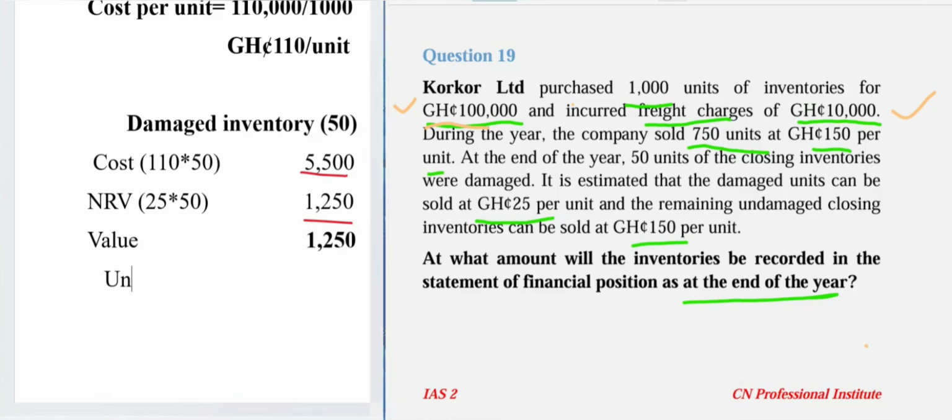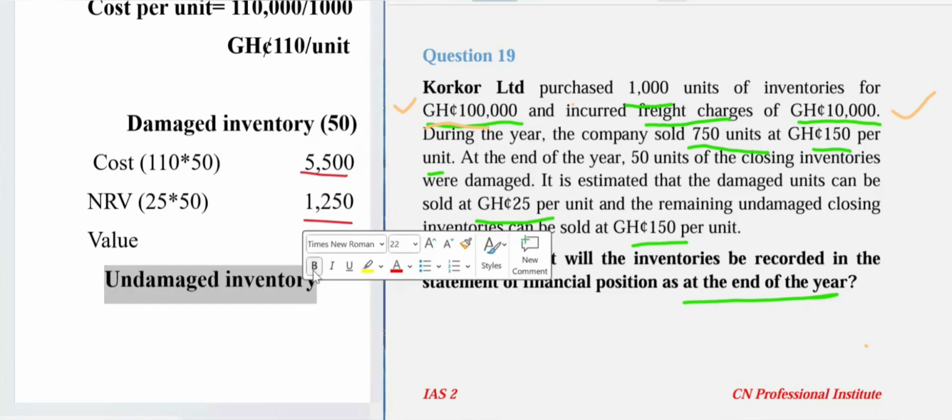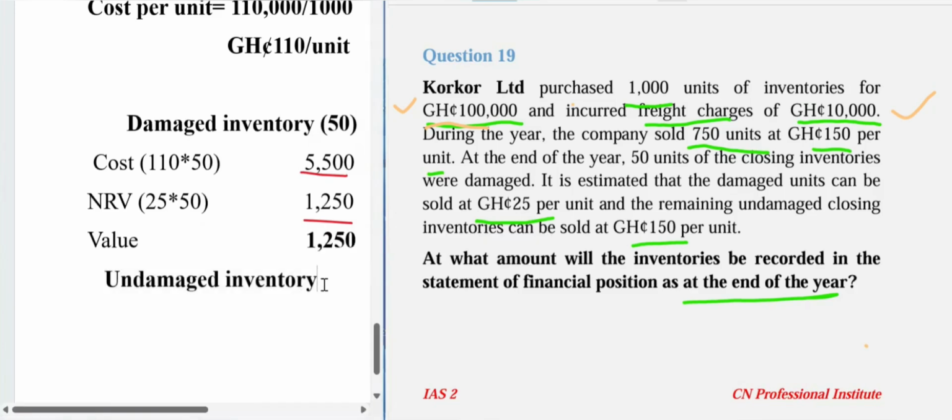With the undamaged inventory, how many units? 200 units. Don't forget that. You should know why we have 200 units.